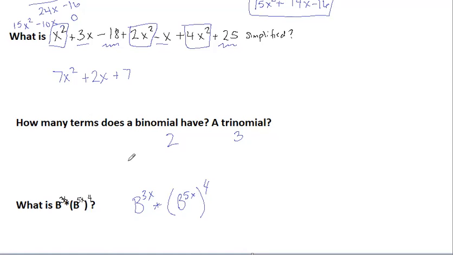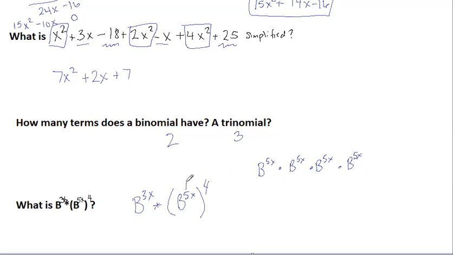So b to the 5x to the 4 means that we would have b to the 5x times b to the 5x times b to the 5x times b to the 5x. So we have it 4 times, which means that we add the exponents: 5 plus 5 plus 5 plus 5 is 20.